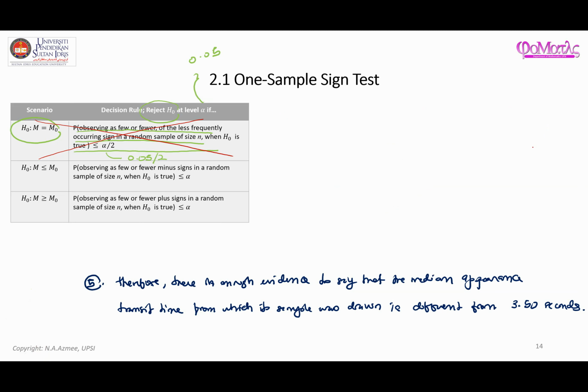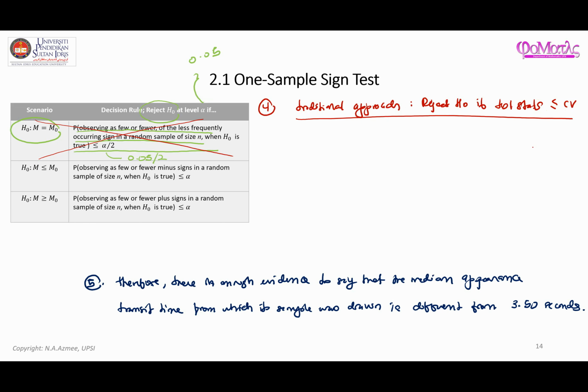Here in the traditional approach, remember that the traditional approach requires you to find the critical value, and you will reject H0 if the test statistic that you get is less than or equal to the critical value.